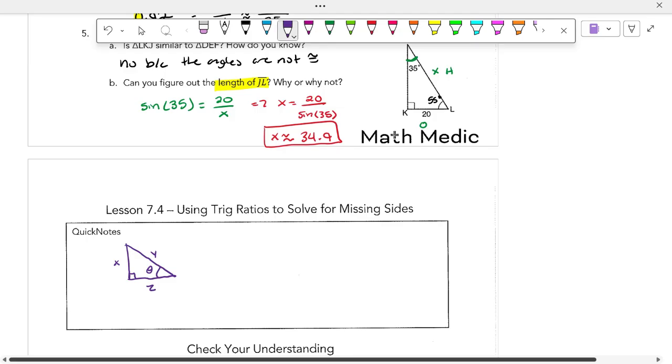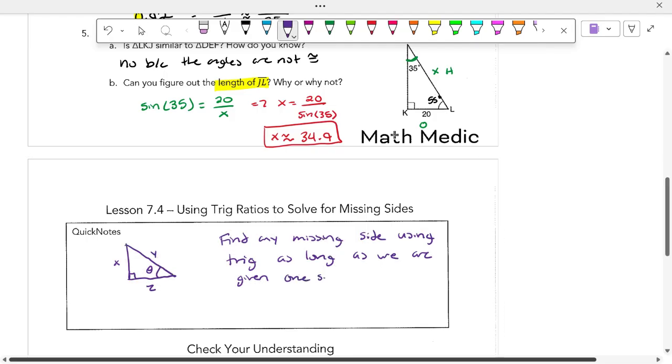You can find any missing side. So we can find any missing side using trig as long as we are given one side and a reference angle.